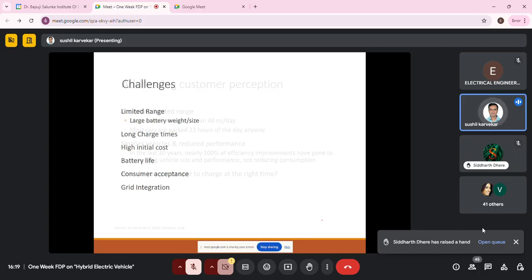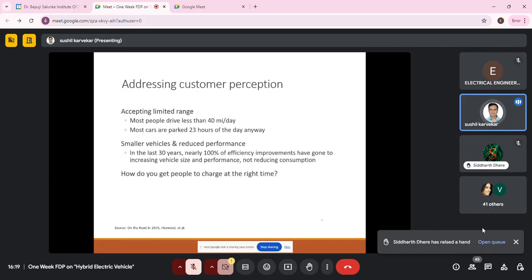The consumer acceptance will be increased, and so the solutions, we can have the accepted limited range of 40 minutes per day, and this is just a general survey. Most cars are parked for 23 hours of the day anyway, so this is quite suitable. We can couple solar as well as electric together, and we can further increase the efficiency.